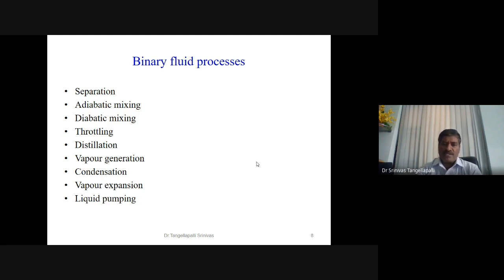So the formulations and solutions of this pumping process are explained here. So these 1, 2, 3, 4, 5, 6, 7, 8, 9 processes, mostly these 9 processes are sufficient to understand the behavior of these subsystems like vapor absorption cooling and vapor absorption power systems. Okay.